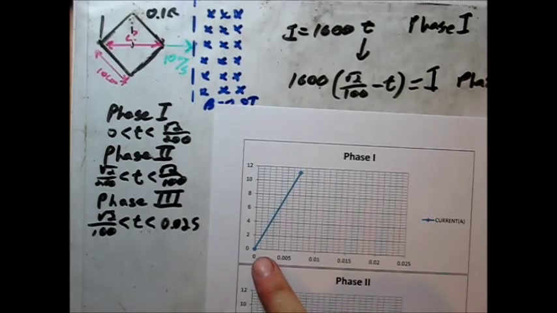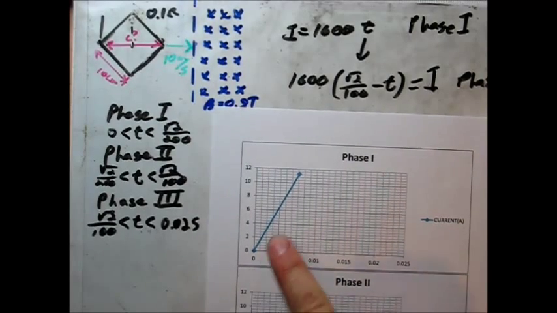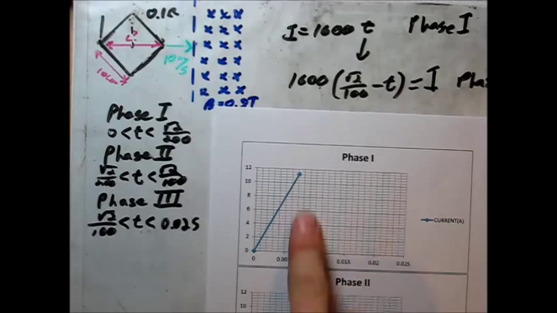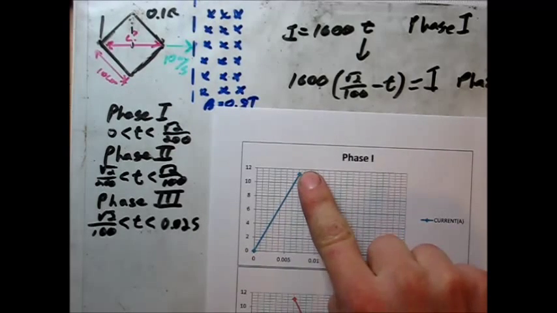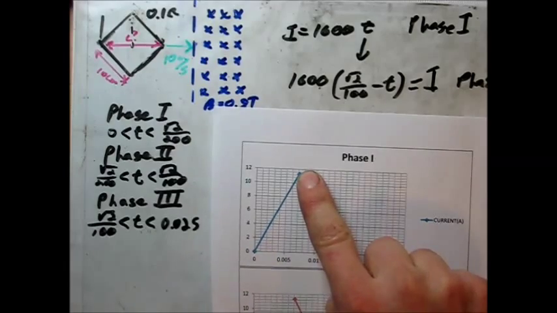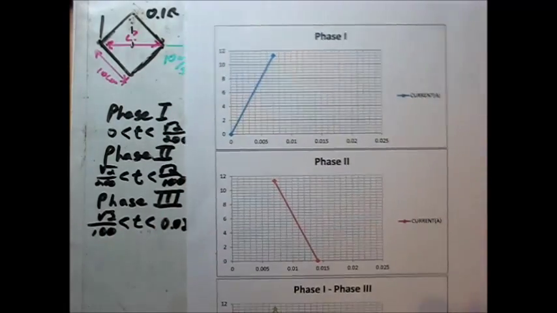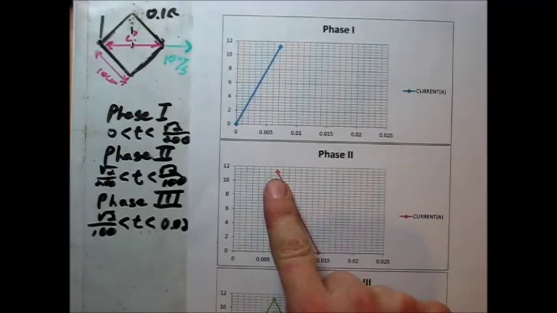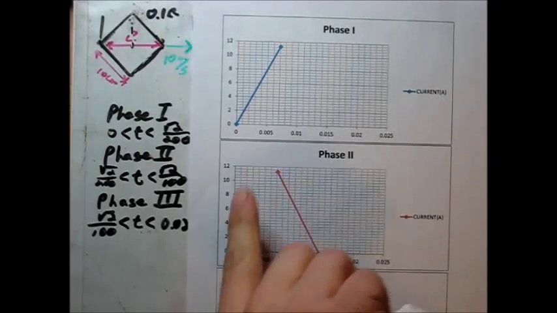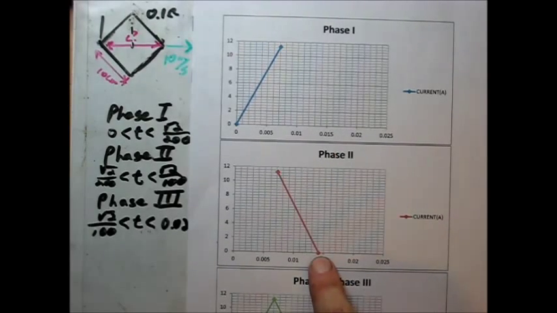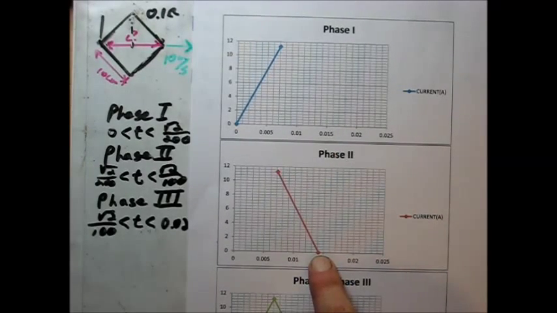Phase 1 you have here, since the change increases with time, and then where it stops would be at the end of our boundary condition, you just have a linear slope up. And then for phase 2, you can see it goes down, almost mirrored of what phase 1 was, until it reaches 0, because that's where our next discontinuity of our shape changes.